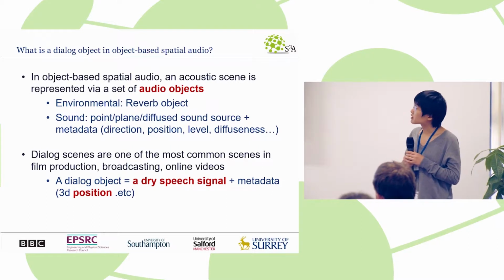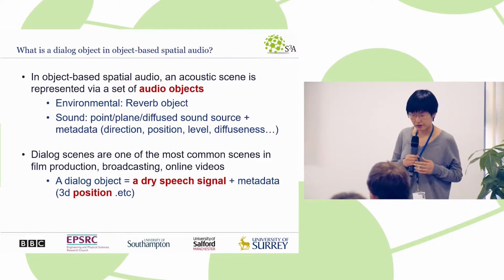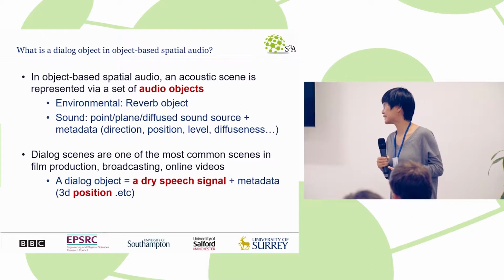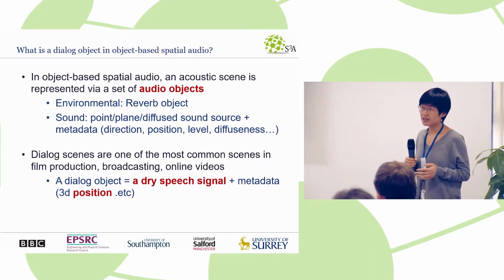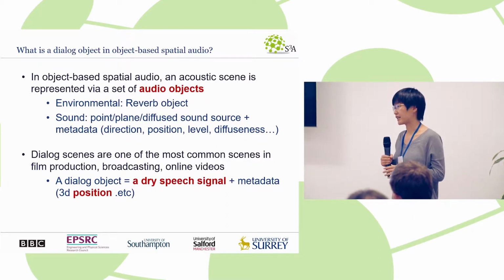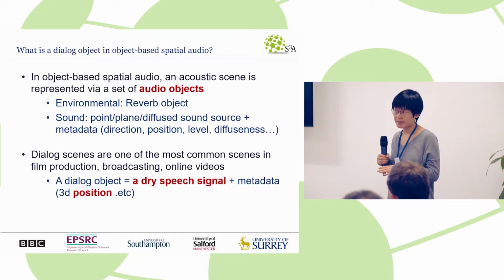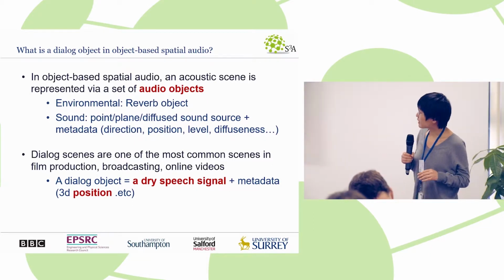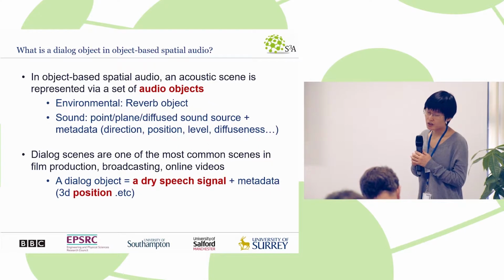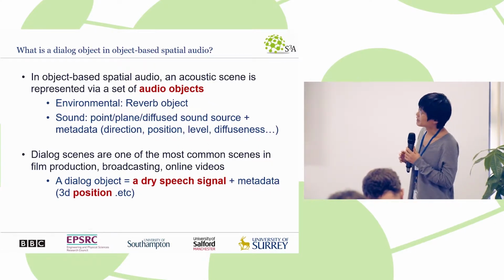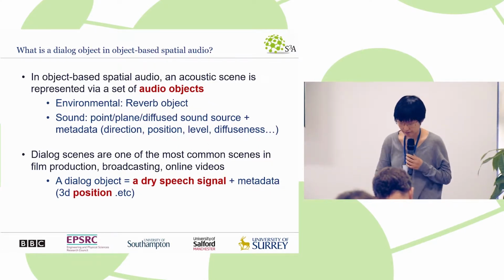One of the most common sound things is dialogue, and therefore we might need to use lots of dialogue objects. In this case, the dialogue object will contain dry, clean speech signals as well as some metadata. The most important metadata we often use is the 3D positions of the speakers in the sound scene.